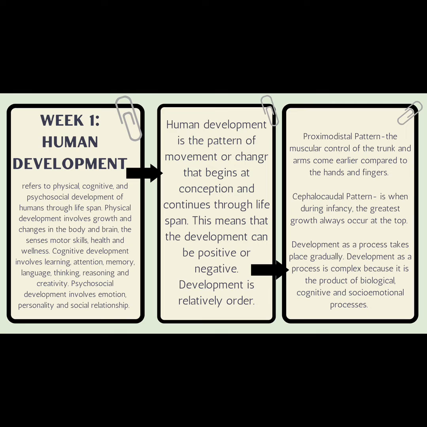The muscular control of the trunk and arms comes earlier compared to the hands and fingers, while cephalocaudal pattern is when, during infancy, the greatest growth always occurs at the top.